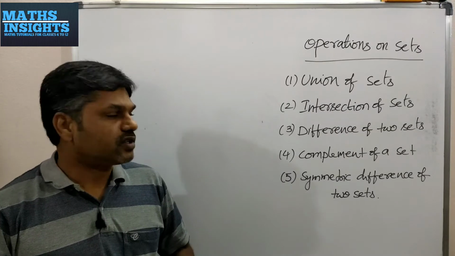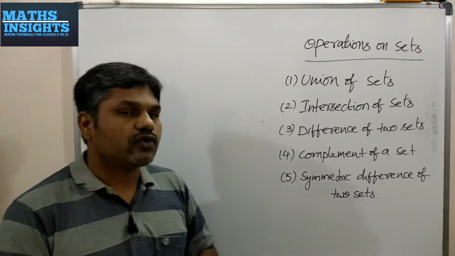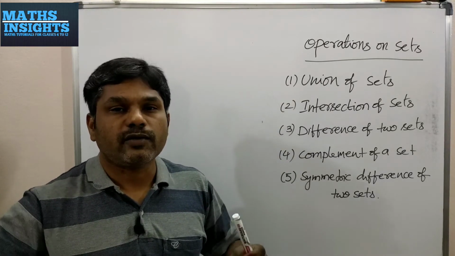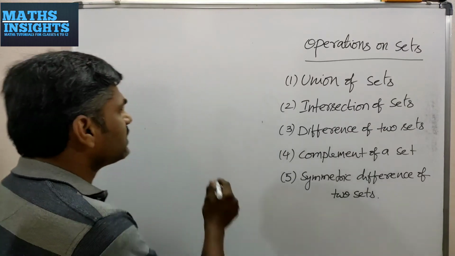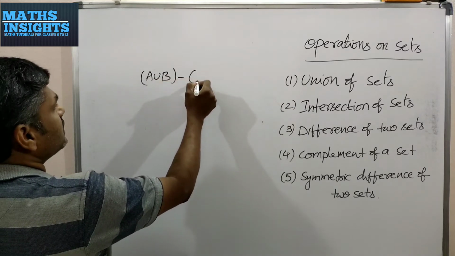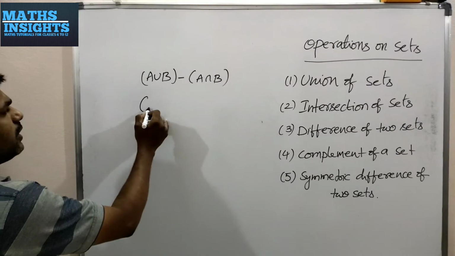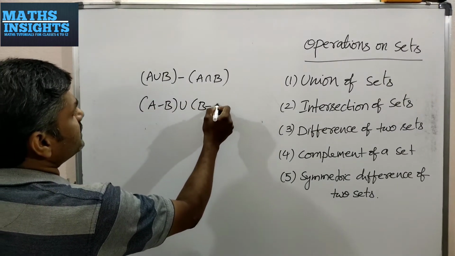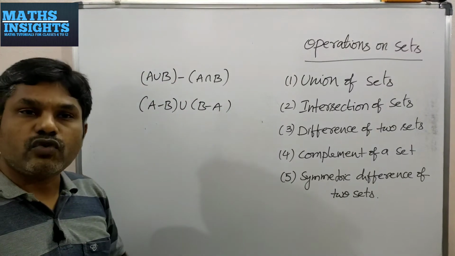Next and last operation is the symmetric difference of two sets. Suppose you take two sets A and B, its symmetric difference is represented as A union B minus A intersection B, or A minus B union B minus A. This is the symmetric difference of two sets.